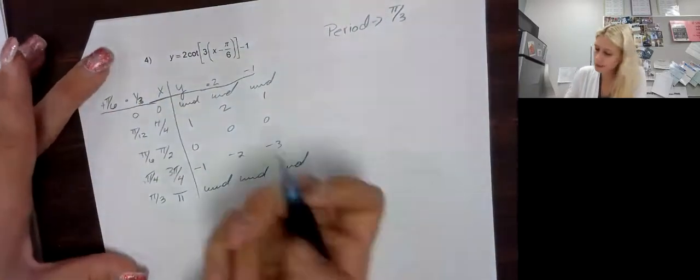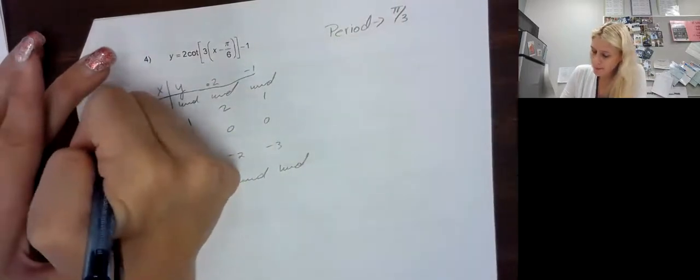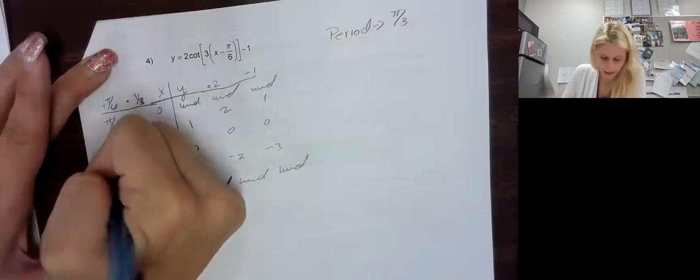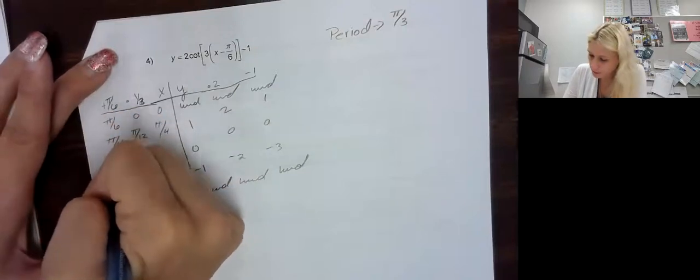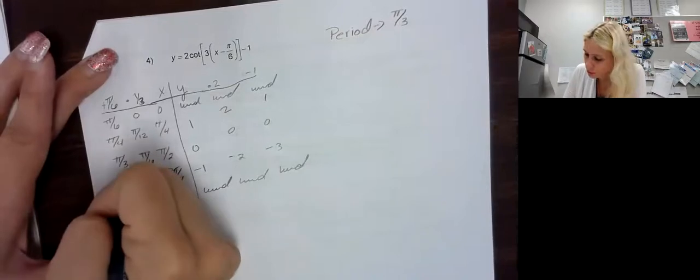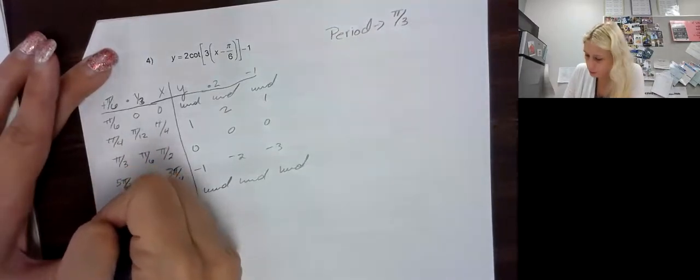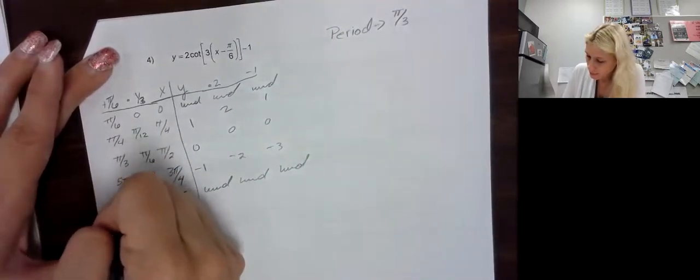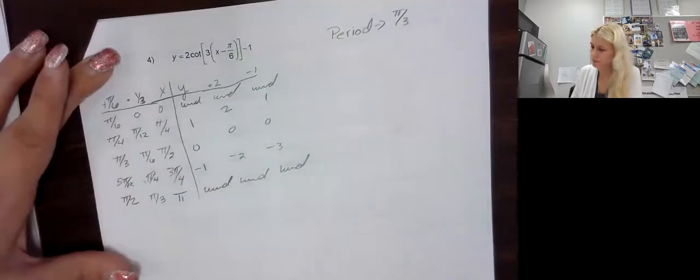So I'm going to add these for you quickly. Pi over 6, pi over 4. Again, take that time to do those fractions if you need to. Practice those. So when you get to your assessment, you are quick on your toes with these. So that's 5 pi over 12. And this is pi over 2.